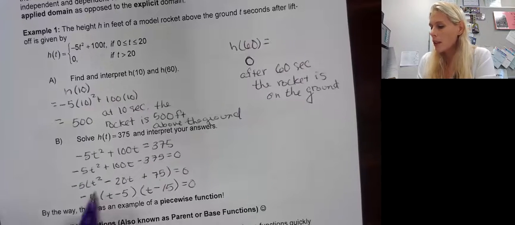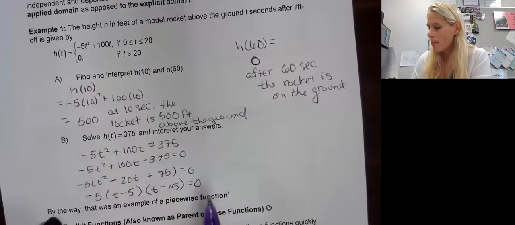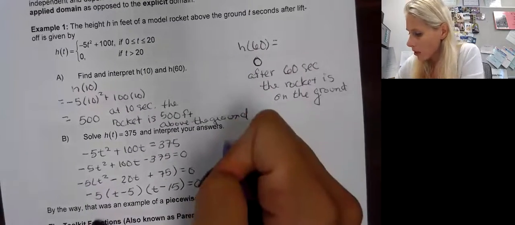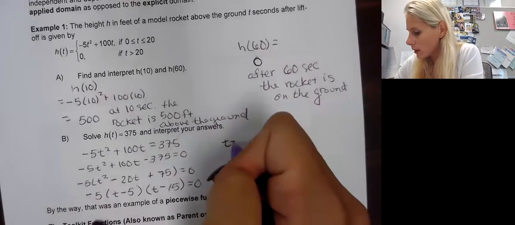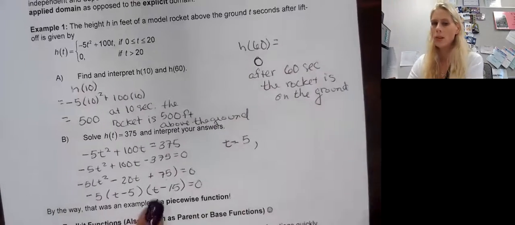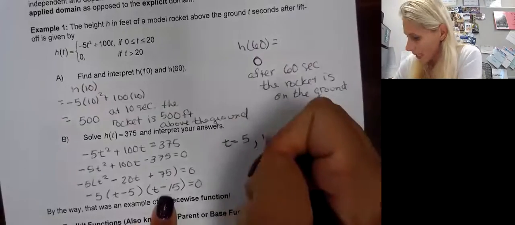All right, so that negative 5 does nothing, but we're asking what makes it 0. So what t there makes it 0? T equals 5. And t equals, in this case, 15.